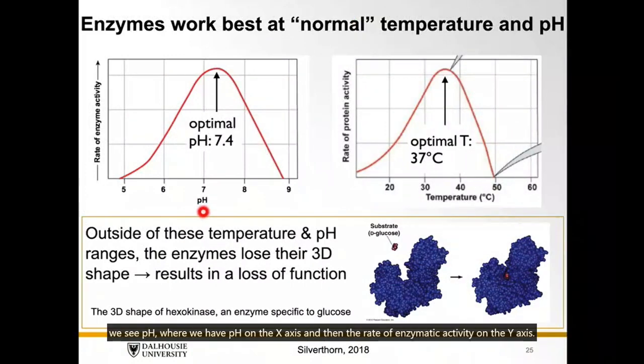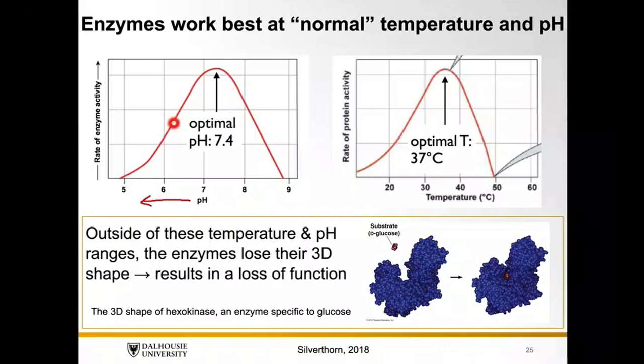On the left here, we see pH, where we have pH on the x-axis and then the rate of enzymatic activity on the y-axis. And you can see that if the pH is lower than normal, so more acidic than normal, enzymatic activity decreases. And it's the same thing if you increase pH to a more basic environment, enzymatic activity goes down.